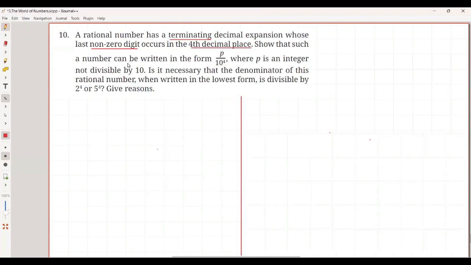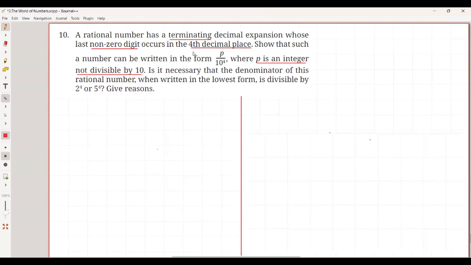Show that such a number can be written in the form of p by 10 power 4, where p is an integer and not divisible by 10. That is the first part; we'll complete the first part first.